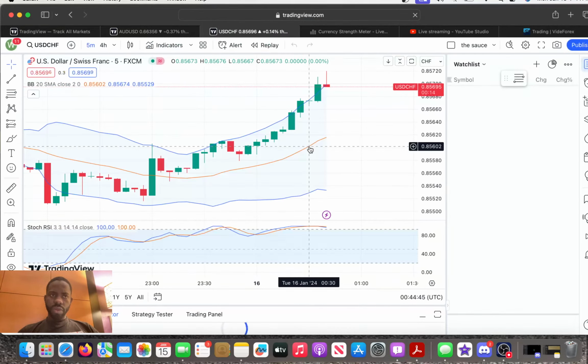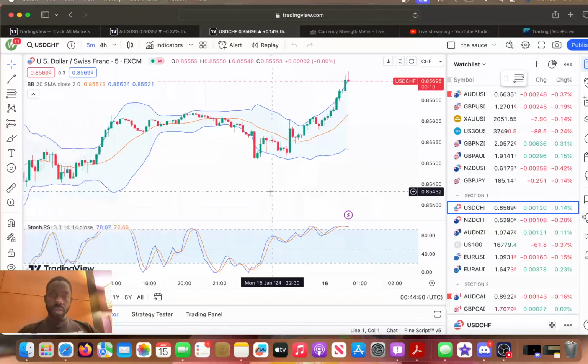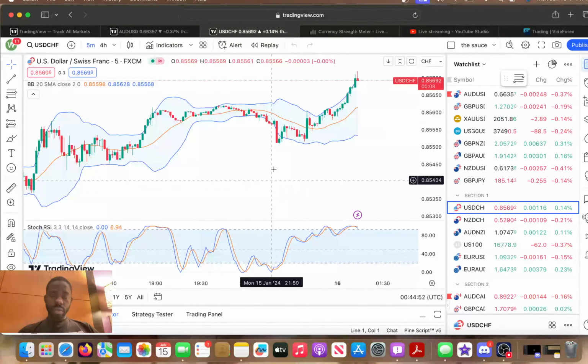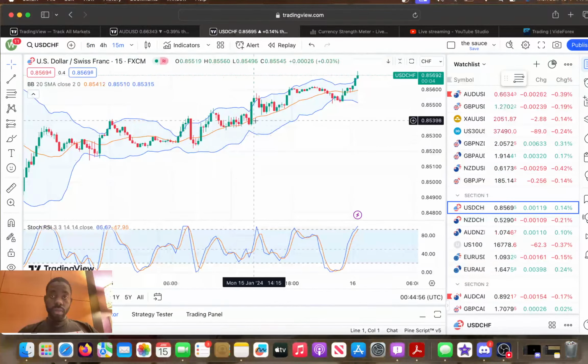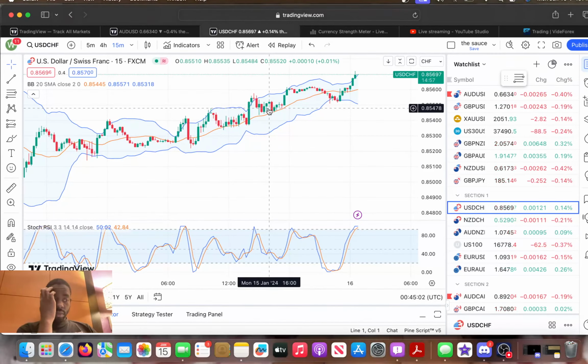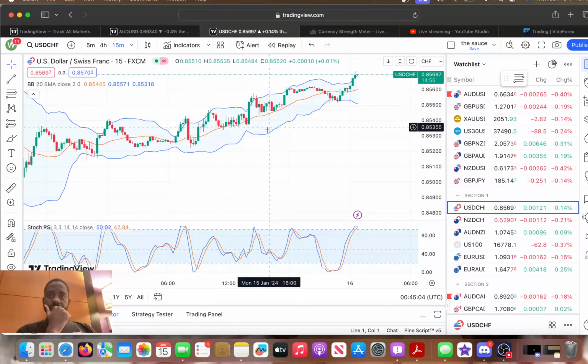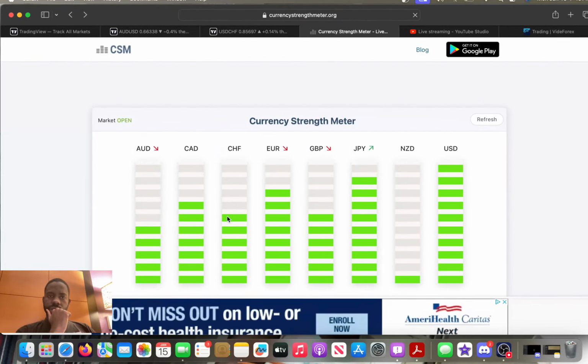Let's pull that up, see what we're looking for. We see USD shift making a strong move. Let's see what's happening.